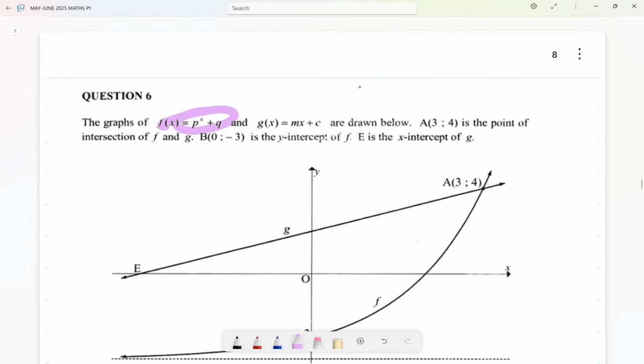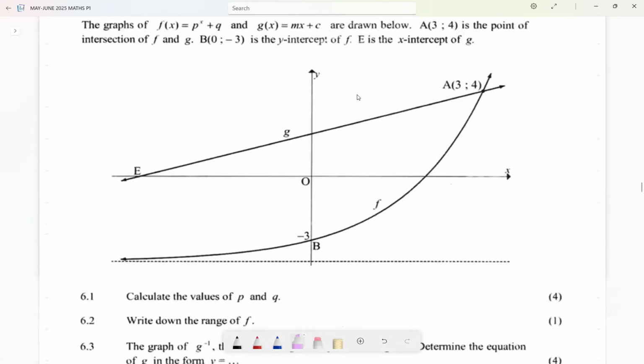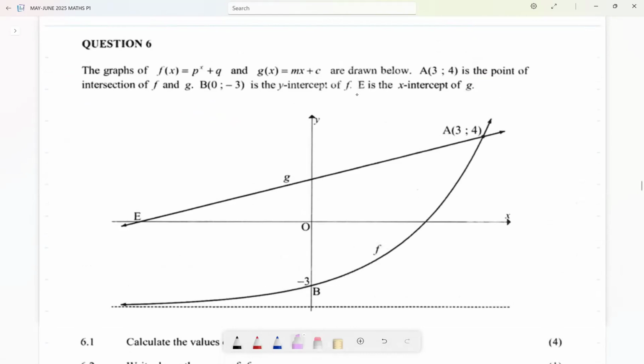How can I get p and q? What is p and q? P and q, it is this graph, right? So how can I get p and q? I'm thinking of simultaneous equations.